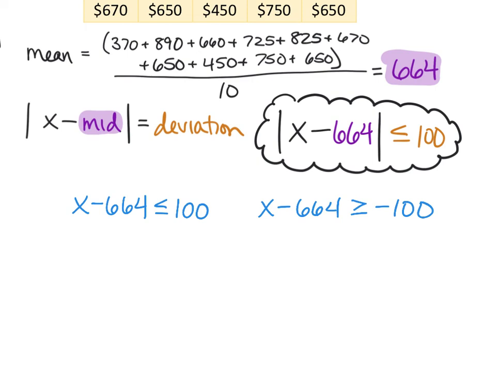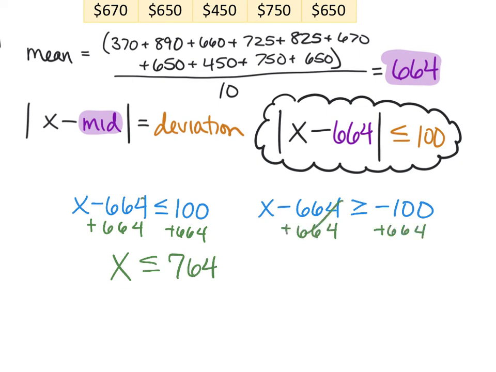How do I get rid of that? Plus 664, fabulous. When I plus 664 on both sides, I'm going to get x less than or equal to 764. And on the other side, x greater than or equal to 564.